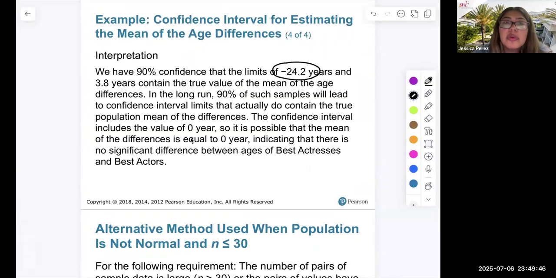The confidence interval includes the value 0, so it is possible that the mean of the differences is equal to 0 years, indicating that there is not a significant difference between ages of best actress and best actors.